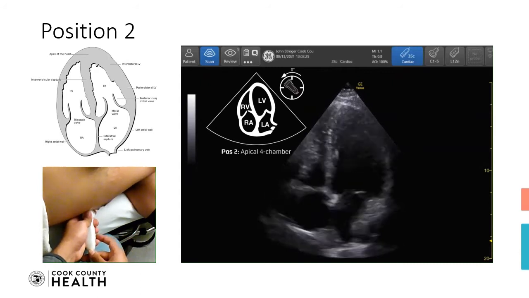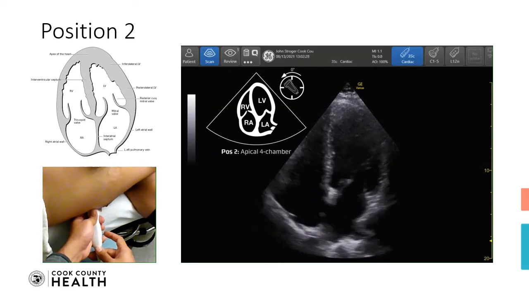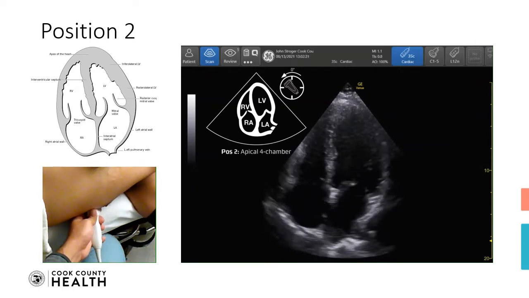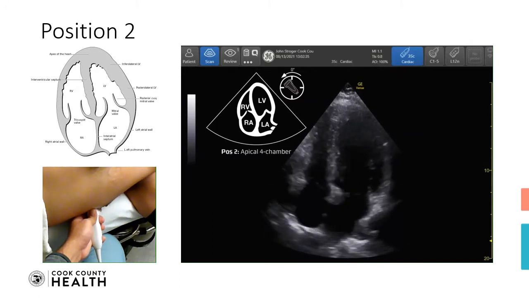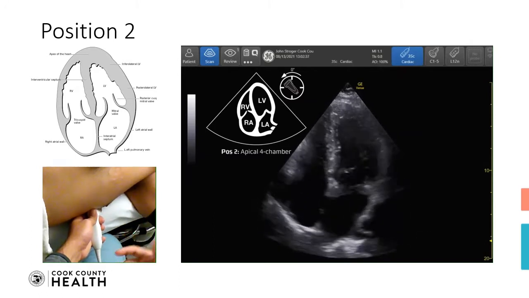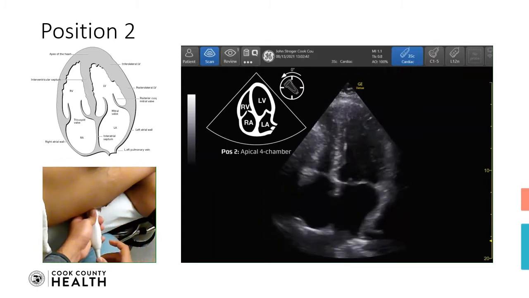It might shift down one space below, or it can go up one space. So we don't have an ideal breathing cycle for the apical view, but you will have to find as the patient breathes which gives a better view, and you can ask them to hold at that point.